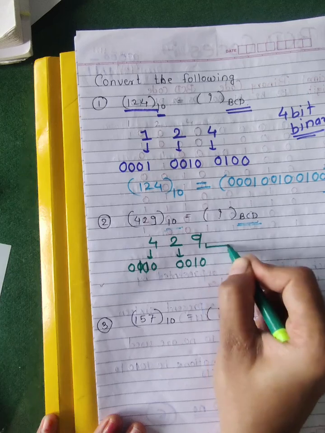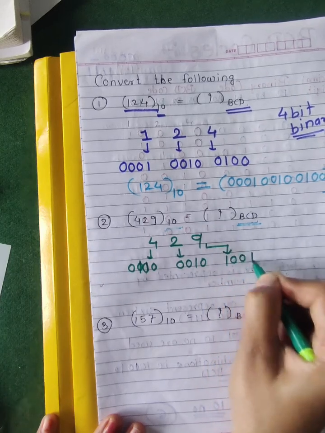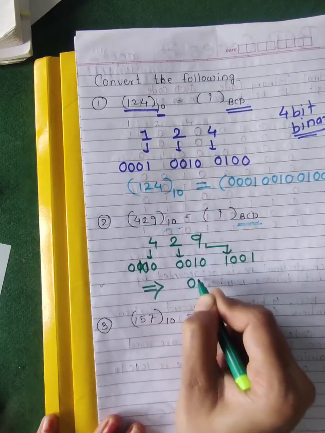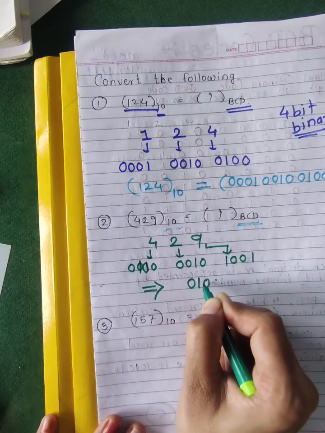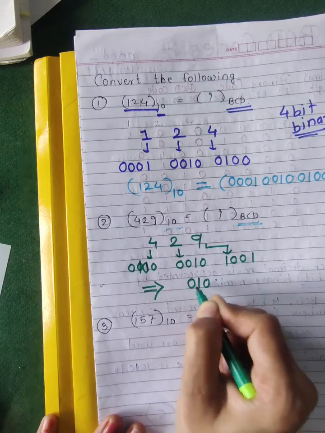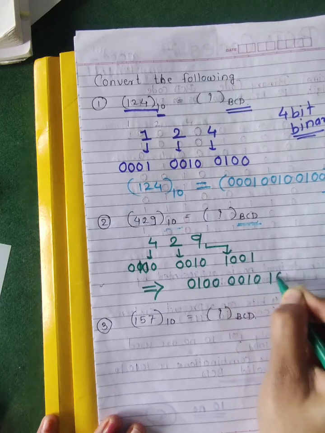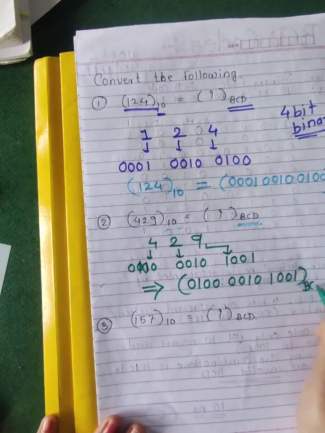And write 9 in 4-bit binary, 1 0 0 1. This is our conversion into BCD form: 0 1 0 0 0 0 1 0 1 0 0 1. This is in BCD form.